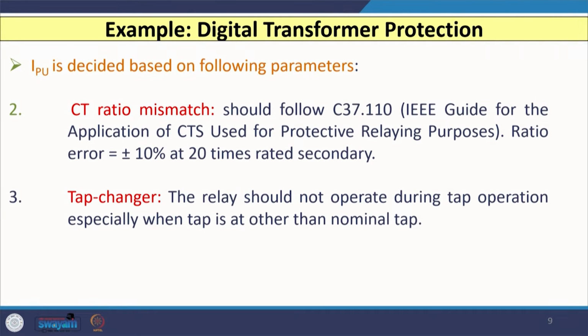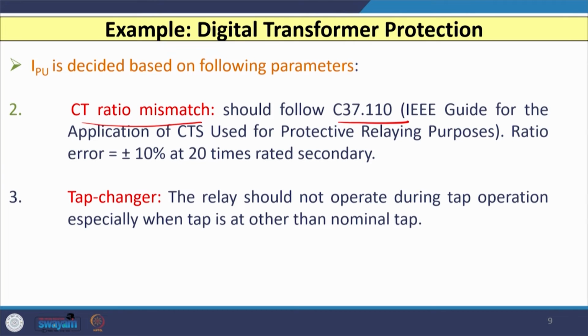The other important point is the CT ratio mismatch, which we also need to consider. When we talk about CT ratio mismatch, we need to consider the IEEE guide C37.110, which is for the application of current transformers used for protective relaying.